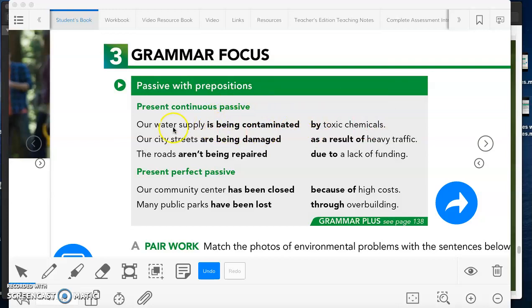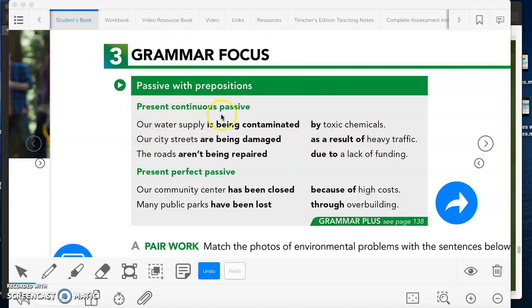Our city streets are being damaged as a result of heavy traffic. The roads aren't being repaired due to lack of funding. So as you can see in here, we have the reason why these actions that we are describing are happening. And these prepositions are helping us: by, as a result of, due to.